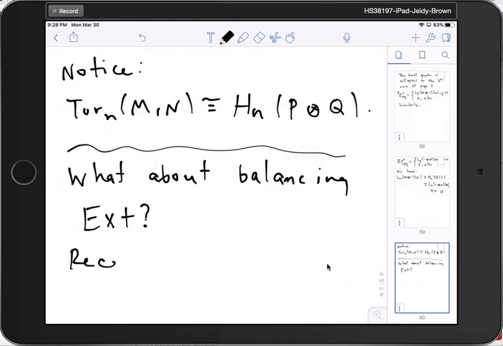So recall, we can define Ext in two ways.